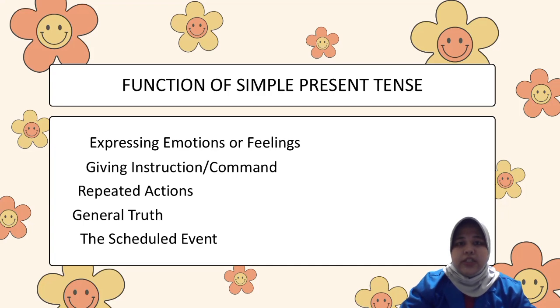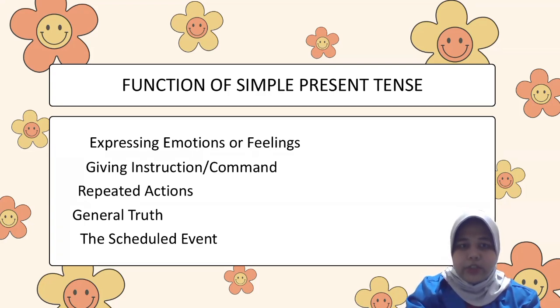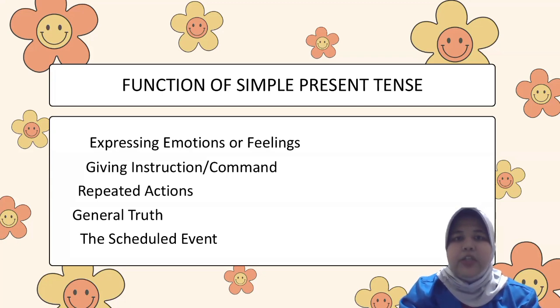Third, the scheduled event. The function of the simple present tense sentence is to express an event that will be held in the near future. Example, he celebrates a birthday party. Fourth is general truth. General truth is simple present tense or sentence also have the function of expressing a truth that exists around us.